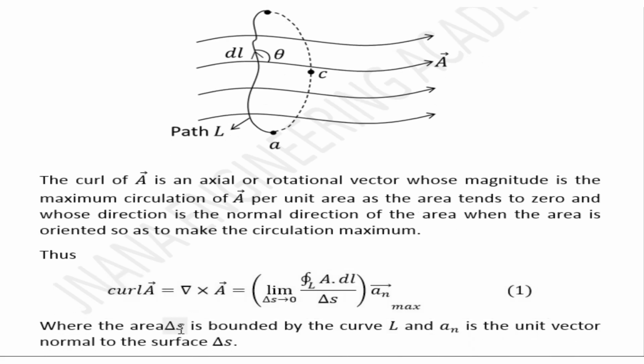Here delta S is the area bounded by the curve L, and An is a unit vector normal to the surface delta S. So the curl of a vector field is defined as such.